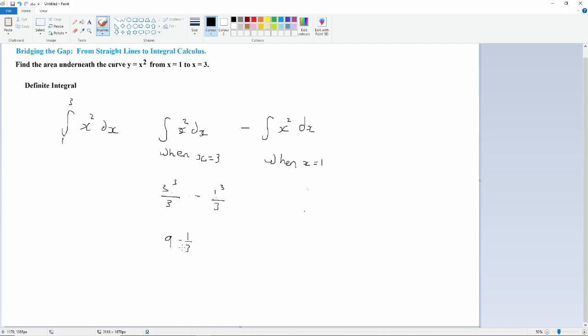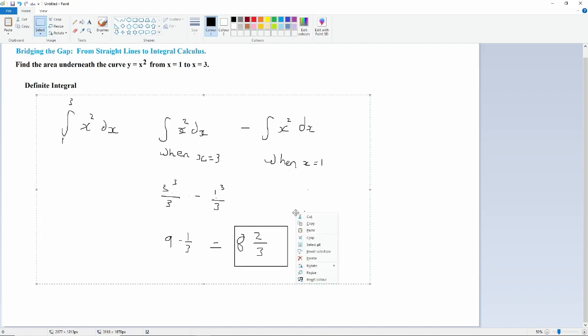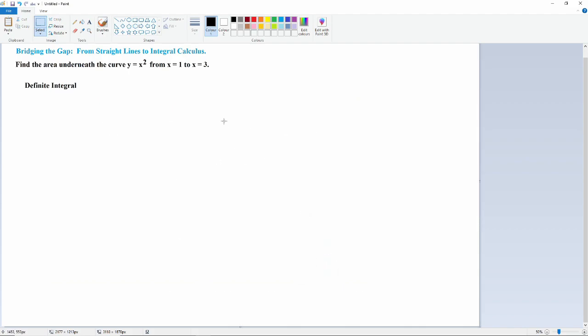And 9 minus 1 over 3 is equal to 8 and 2/3. And that is the area under the curve. And the units will be whatever the units are supposed to be for the function, assuming, of course, you have units. And that's all there is to the definite integral.